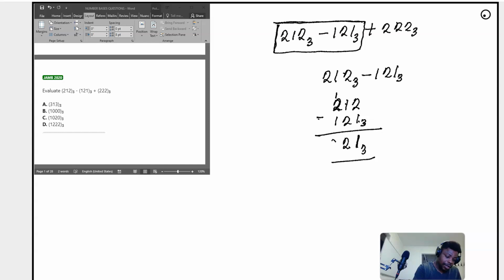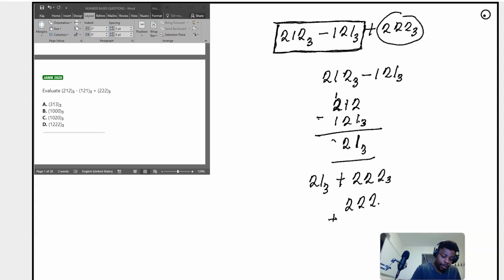So remember, the solution you have for this, you have to add it to this. So I'm having 21 base 3 plus 222 base 3. So 222 plus 21 base 3. Okay? So 2 plus 1 is 3. 3 is equal to the base. So 3 divided by 3, 1 remainder 0.